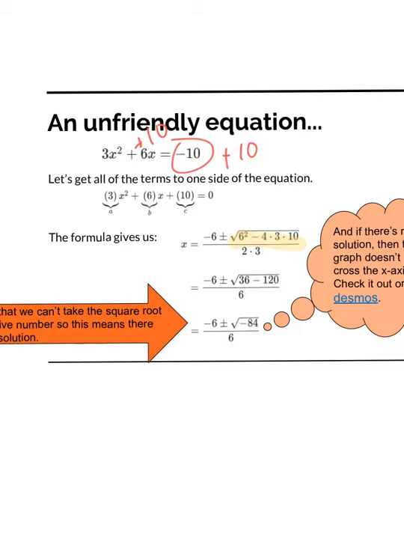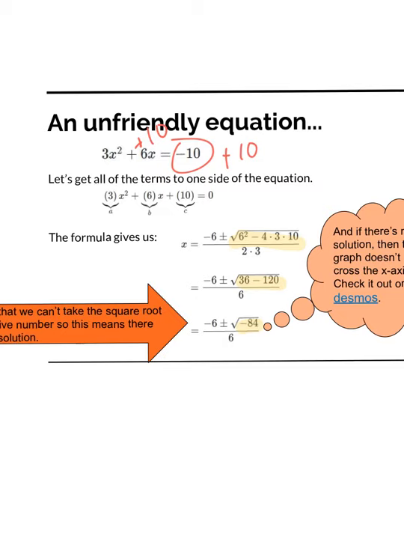When I evaluate that, what I end up getting is 36 minus 120, or the square root of negative 84. So right there, when I try to take the square root of negative 84, we know that the square root of negative numbers doesn't exist. There's no number that I can multiply by itself to get a negative 84. So in that case, we would say there's no solution.